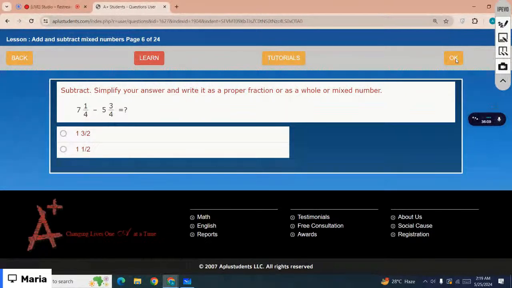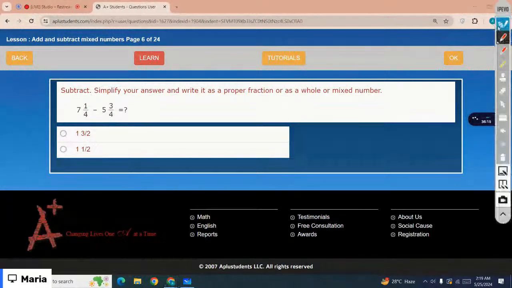We subtract 7 whole 1 over 4 minus 5 whole 3 over 4. So again, you cannot subtract a smaller fractional part by the greater one. You cannot subtract 1 out of 3. So you need to rewrite this fraction, right? You can write it as 6 plus 1 plus 1 over 4. So you can rewrite this one as 4 over 4.